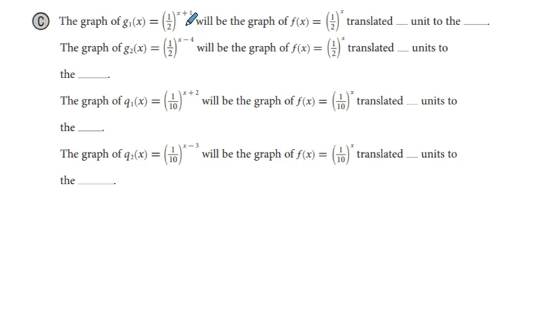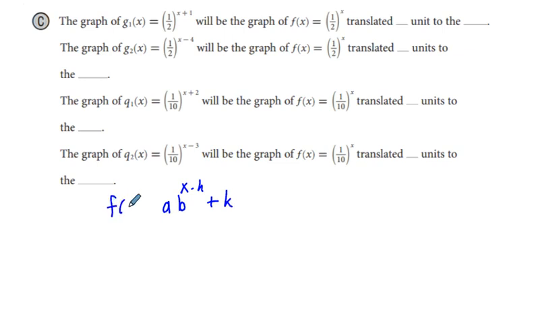Now we have this (1/2) to the power of x plus 1. Well, it's going to be (1/2) translated, with this x plus 1. Remember, we have a times b, which is the base, to the power of x minus h, plus k.